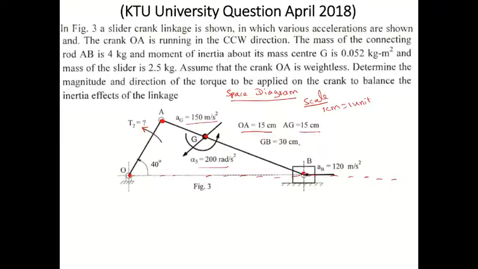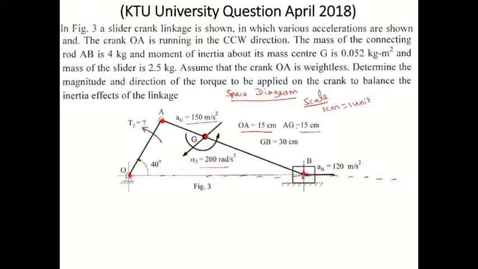A to G is 15 centimeter and G to B is 30 centimeter, so A to B is 45 centimeter in total. Take your compass, take 45 centimeter, keep one end of the compass at A and with the other end put the arc.